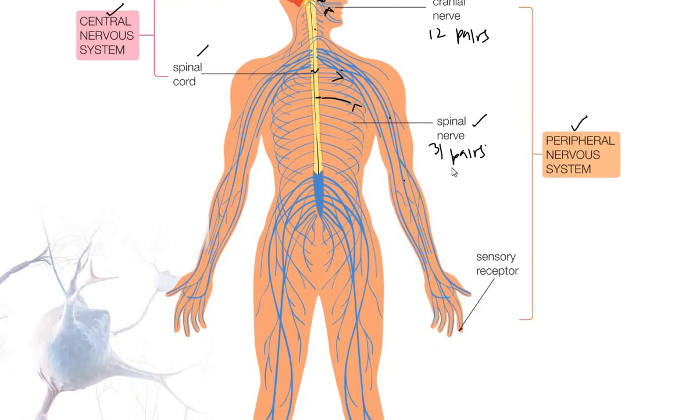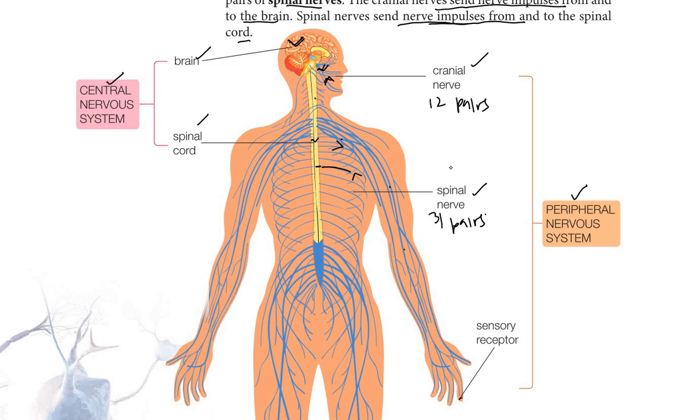So let's say you have a sensory receptor here. The receptor will detect the stimulus, then produce a nerve impulse. So let's say the nerve impulse needs to be sent to the spinal cord, so it will be carried by the spinal nerve to the spinal cord, like this.